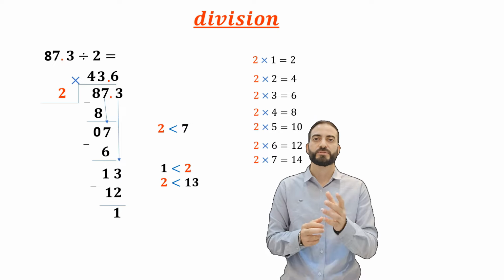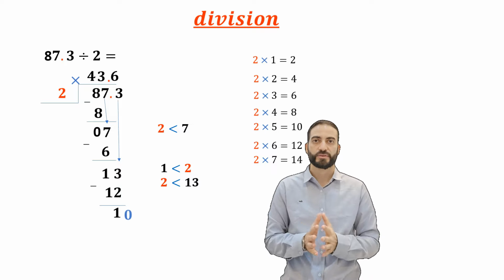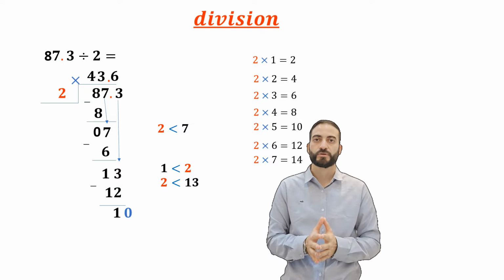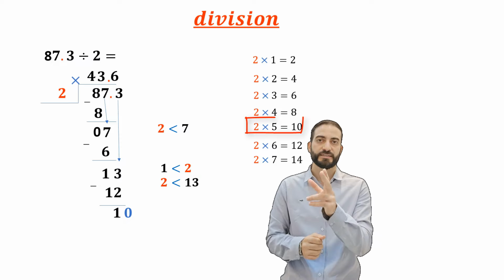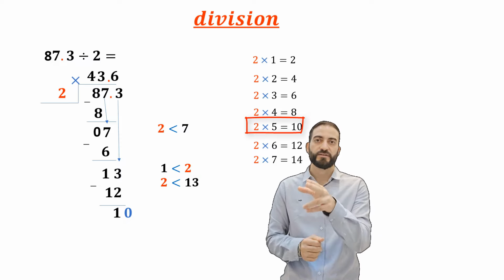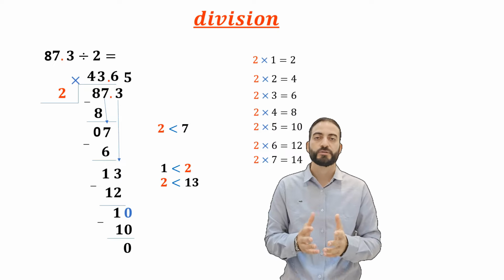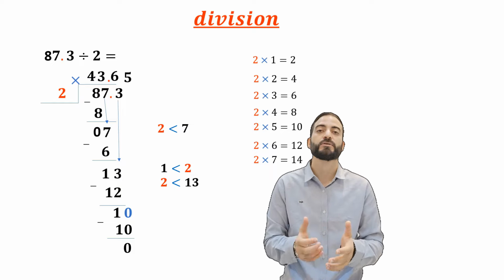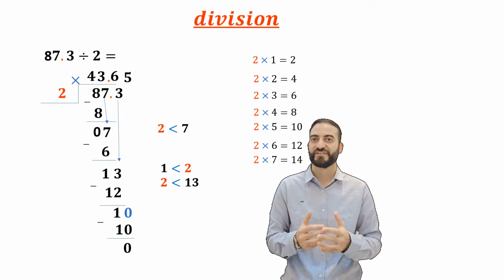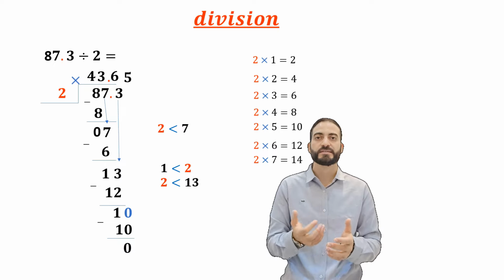So we put 0 next to the 1 and we get 10, which is greater than 2. So we look for 10 here in the multiplication table. We find it here. So we put 5 here and immediately multiply 5 by 2 to get 10, and we do a subtraction to get 0. Now we have finished the process completely because the number here is 0.